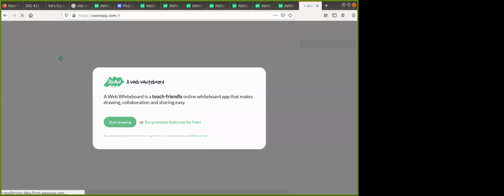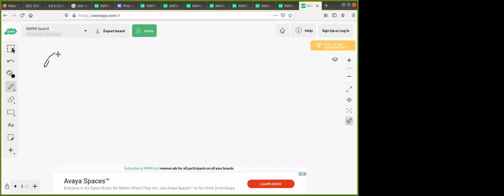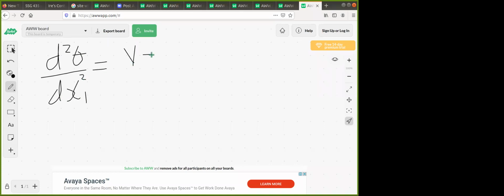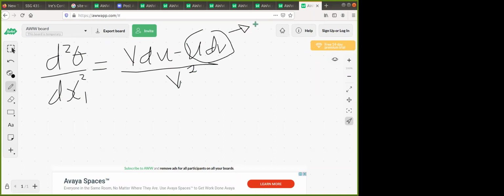So remember that we said that d squared theta over the x1 squared equals v du minus u dv over v squared. And that was what we solved, that the whole of this goes to 0 already.